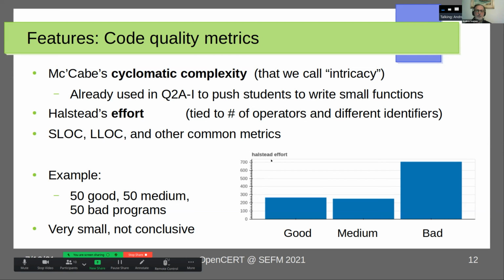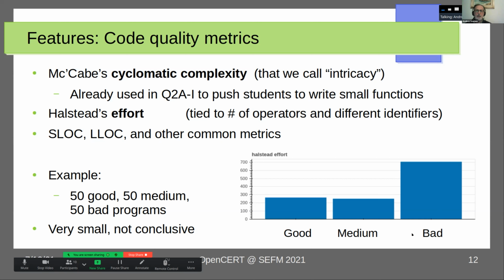And just to show you, for example, the Halstead effort of these programs, we see that there is a higher Halstead effort on the badly written programs, and this is reasonable because students tend to write bigger functions instead of splitting the code into smaller functions.